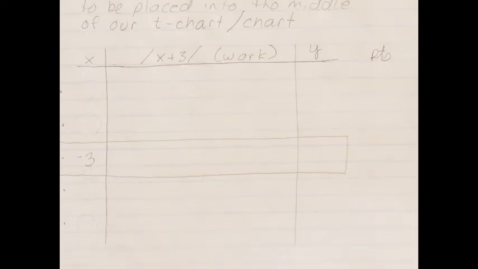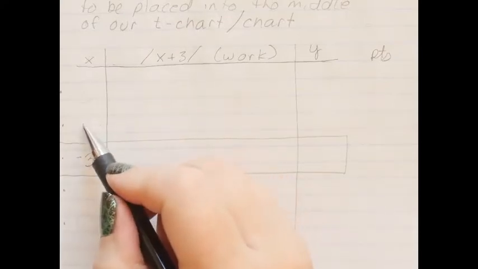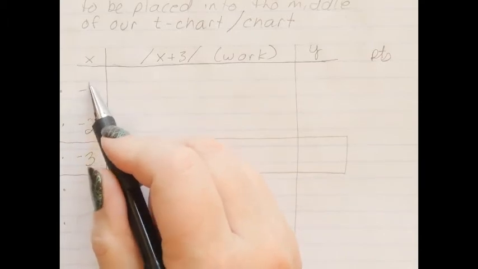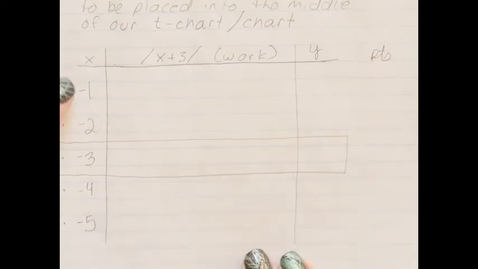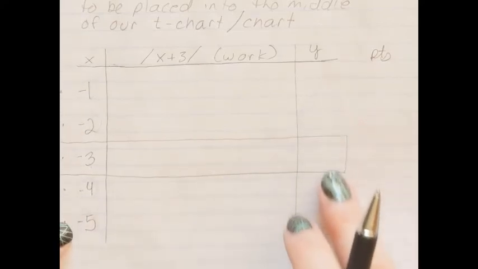Again, these are your x values. And it doesn't matter the order you put them in. However, I would put some sense of order to it. The numbers that would be before -3, I would do something like this. There would be a -2 and a -1. After -3 would be a -4 and a -5. You really want to put them in some type of order here. That way you will see some type of pattern.